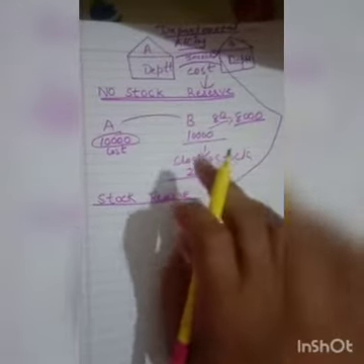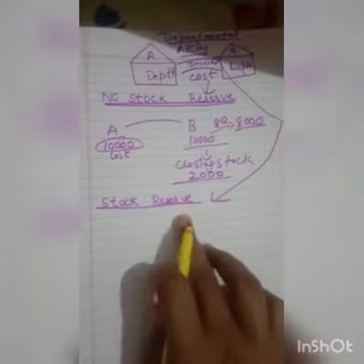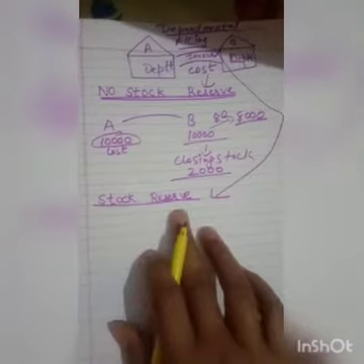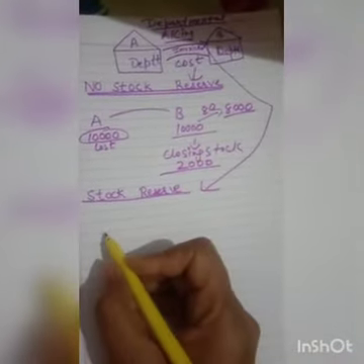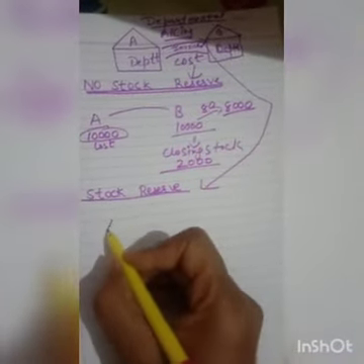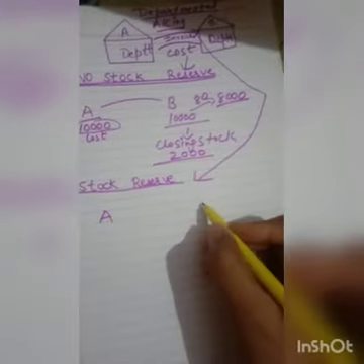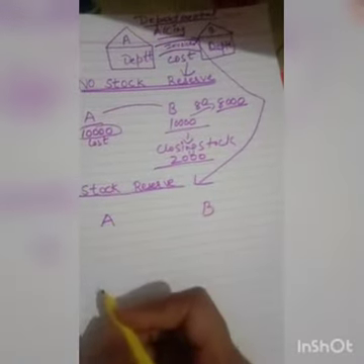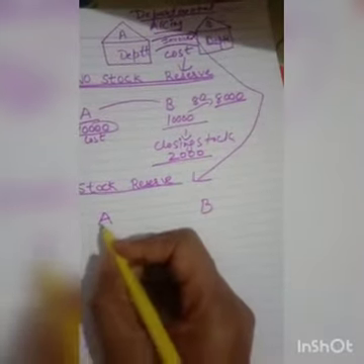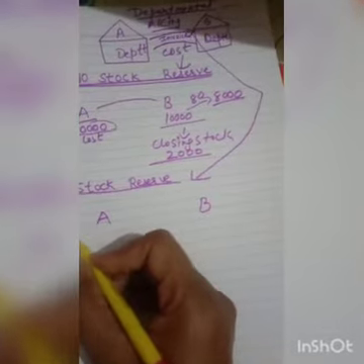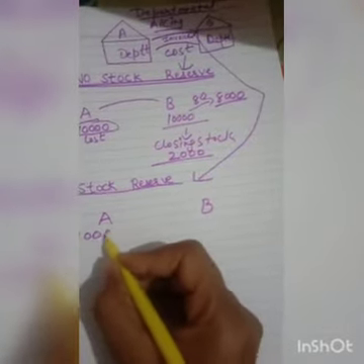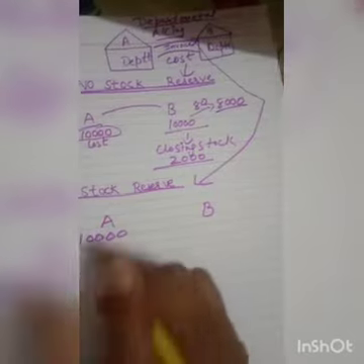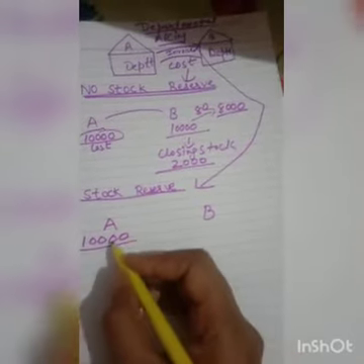Now the second condition, the stock reserve. Now I am going to tell you what exactly happens in the stock reserve. First, understand that this is department A and this is department B. Just suppose the total raw material cost to A is 10,000.